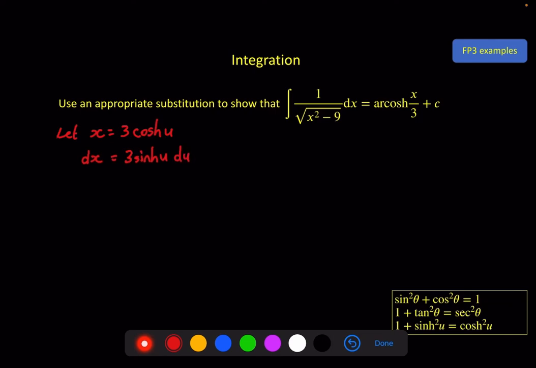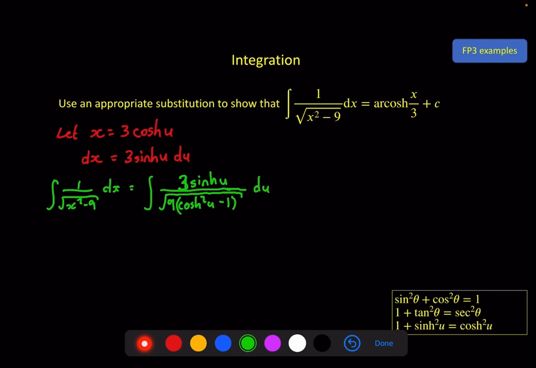Then the integral 1 over square root of x squared minus 9 dx becomes the integral of 1 over the square root of x squared is 9 cos squared u minus 9, but if I bring that out of a set of brackets there, I can make that minus 1, factorizing out the 9, and that is going to be multiplied by dx, which we know is 3 sin u du.